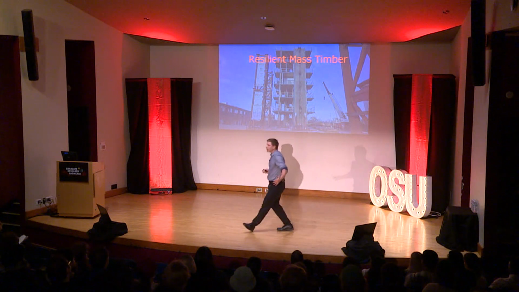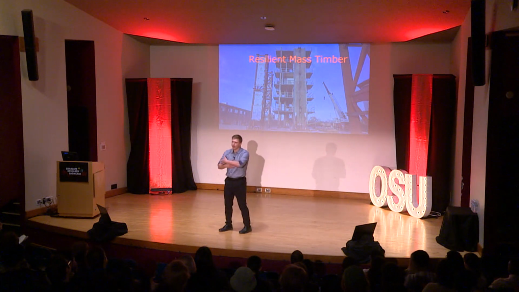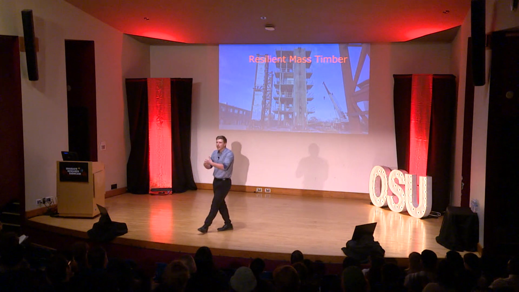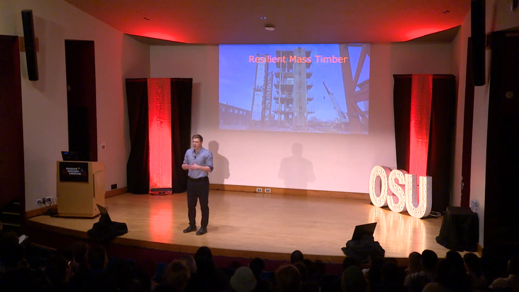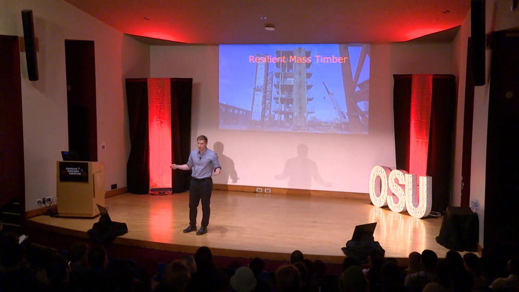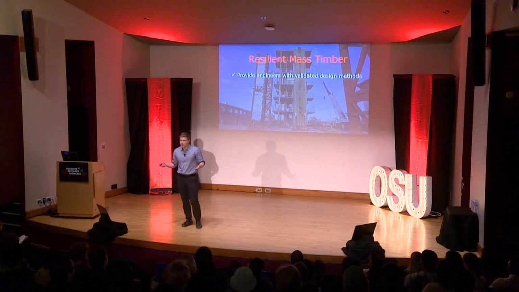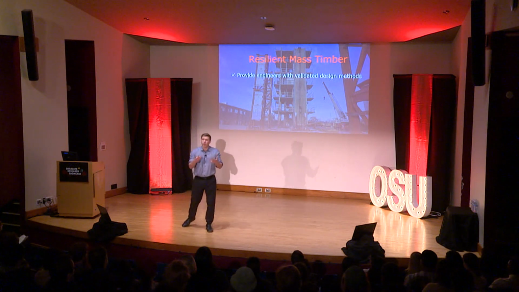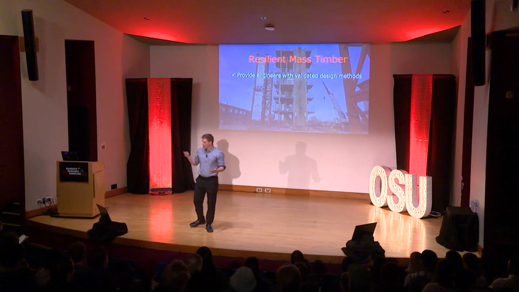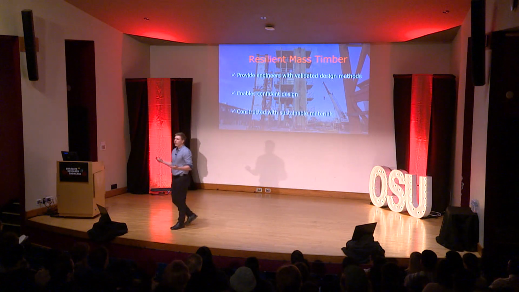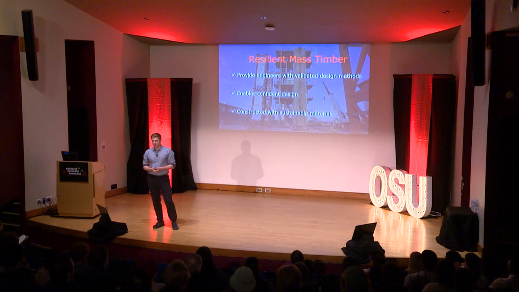From our tests, we collected a tremendous amount of data that we can use to validate our design approaches. And we can share this validated design approach with the engineering community that lets them perform their own resilient designs using sustainable mass timber material.